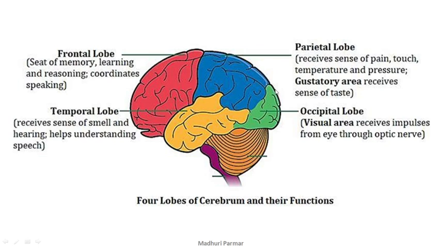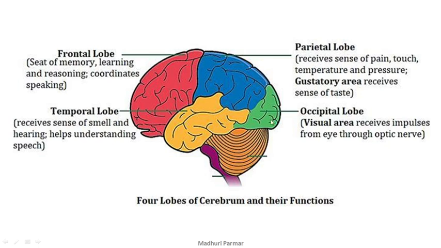Finally, you have this green area called occipital lobe. Occipital lobe does the function of vision. So whatever you are seeing, those signals will be received by the occipital lobe, and here your brain will make sense of what you see. So if you are, let us say, looking at a tiger, then your eyes do not understand that it is a tiger.